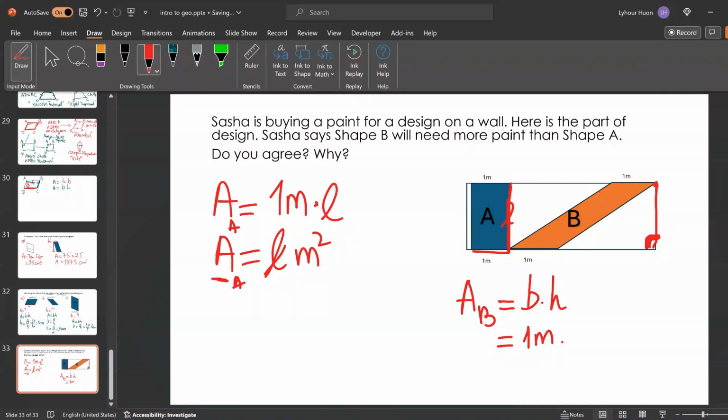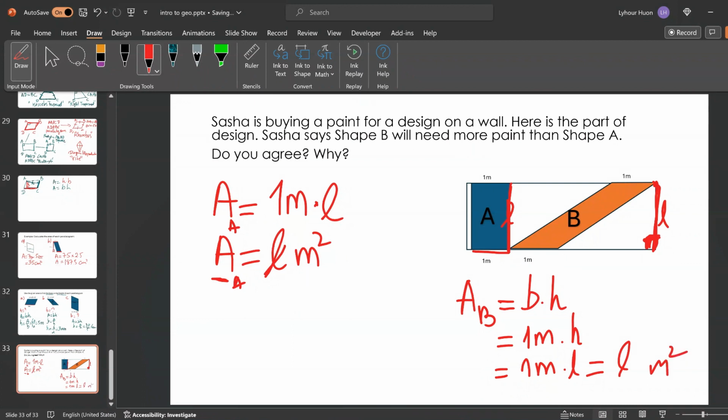So this height is also L, correct? Correct. So 1 meter times L will be L meter squared.